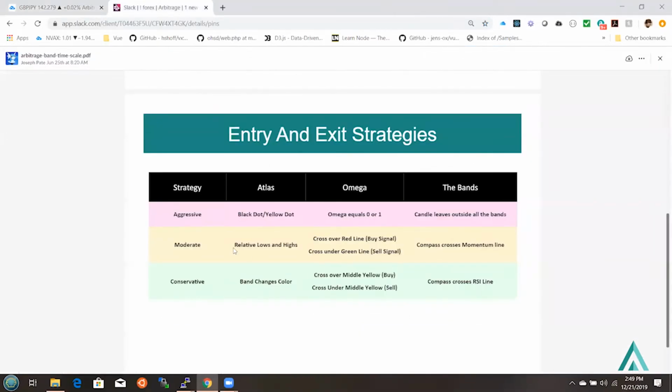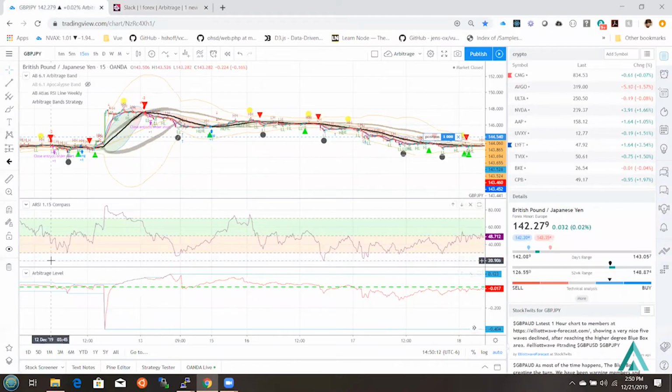Okay. The moderate entries are basically off those higher highs and lower lows if you're using Atlas. Crossover on Omega. So once again, if I cross over the red line, it's a buy signal. If I cross under the green line on Omega, it's a sell signal. Let me put that guy back on.